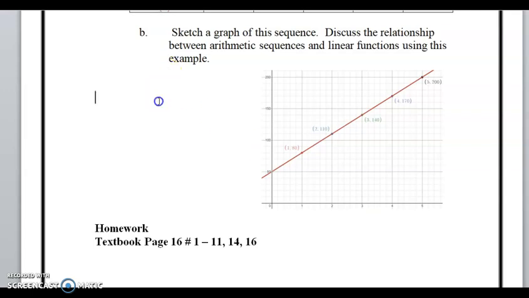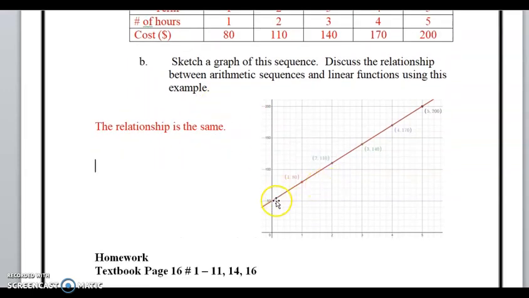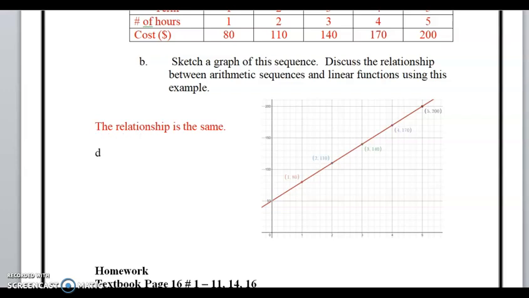So to answer the question, it says discuss the relationship between, and the relationship is the same or equivalent, we can say. You can clearly see as we do that now. So the common difference, that D, you guys know the common difference is D. D is equal to the slope for an arithmetic sequence.